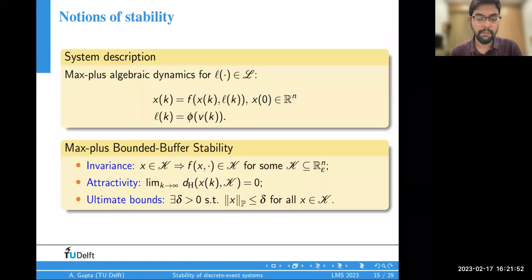This represents an ultimate bound, and this represents the ultimate makespan of the system. So if I let the system run for enough time, then I will have a bound on the makespan of the system.